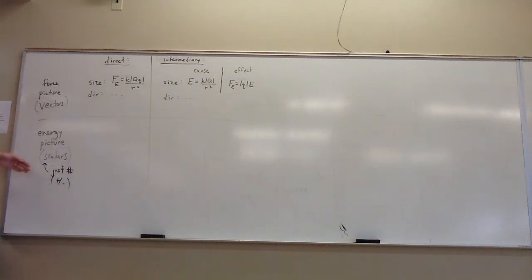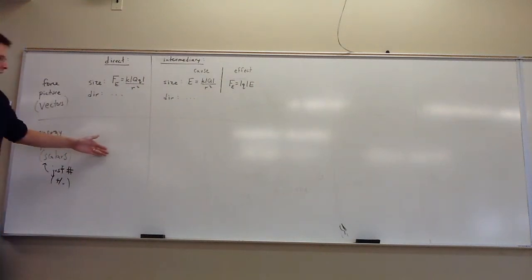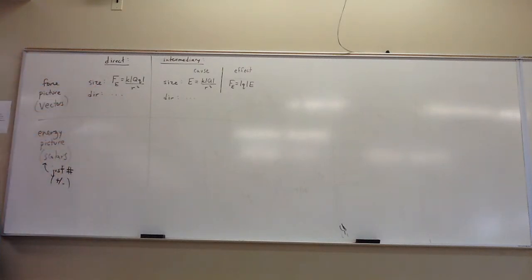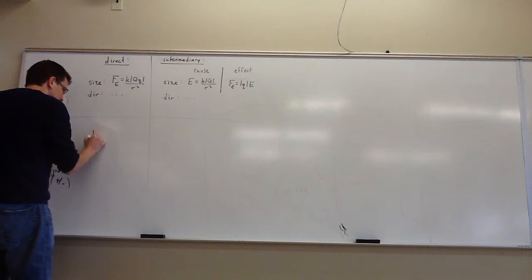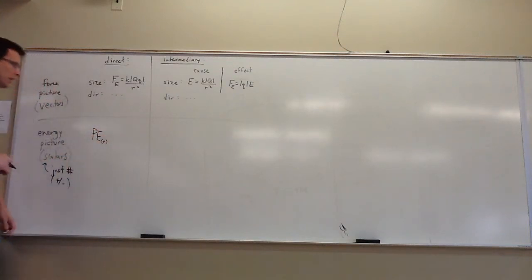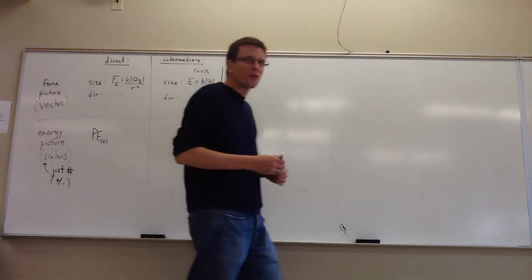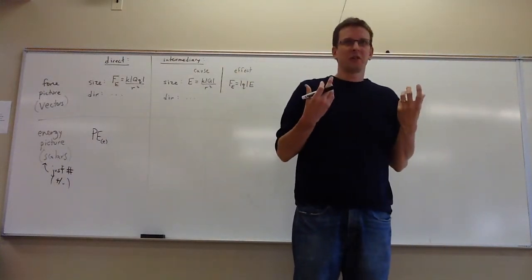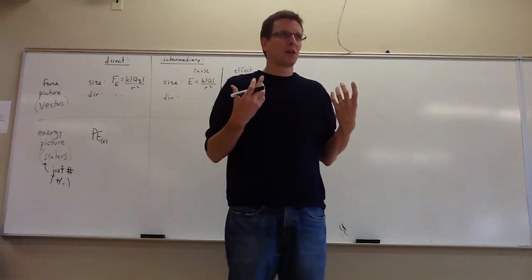Let me fill in the analysis boxes here. I'm going to give you the formula for potential energy. This is electric potential energy. I won't normally bother to write the word electrical there, but I guess for the moment I will. This means that just by bringing two charges near each other, they're going to have some stored up energy.